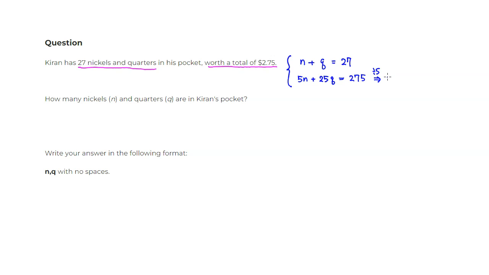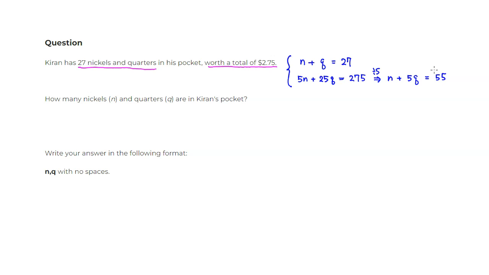So 5n divided by 5 is just n, and 25q divided by 5 is just 5q, and that is equal to 275 divided by 5. You can put five fives in there, which is 25, and another 5, so it's 55.